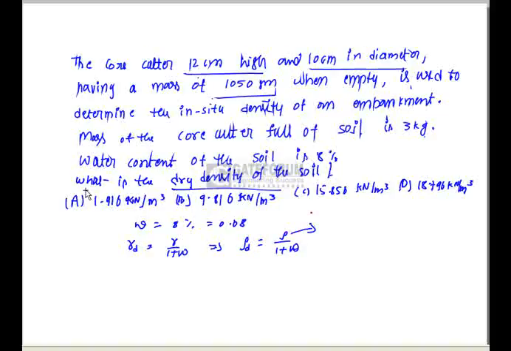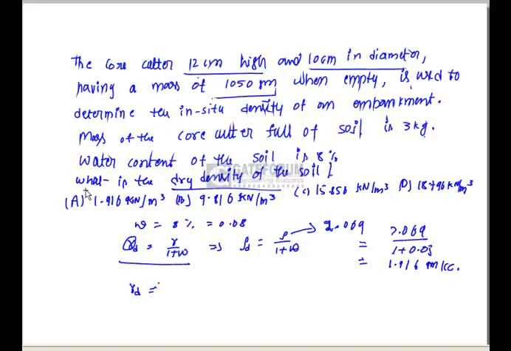From the previous question, we came to know rho is 2.069. So by substituting the values over here, 2.069 by 1 plus 0.08, that implies 1.916 grams per cc.